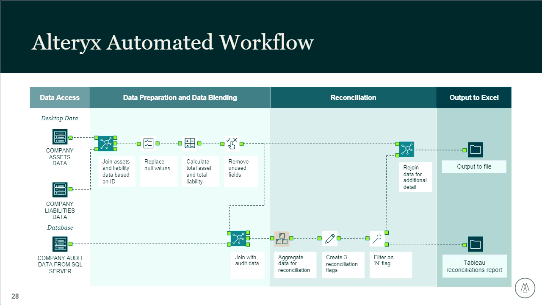Alteryx is capable of doing that. And it will allow you to have an element of AI, have an element of automation, take the drudgery out of the work, and give you a way to mix both automation and AI.